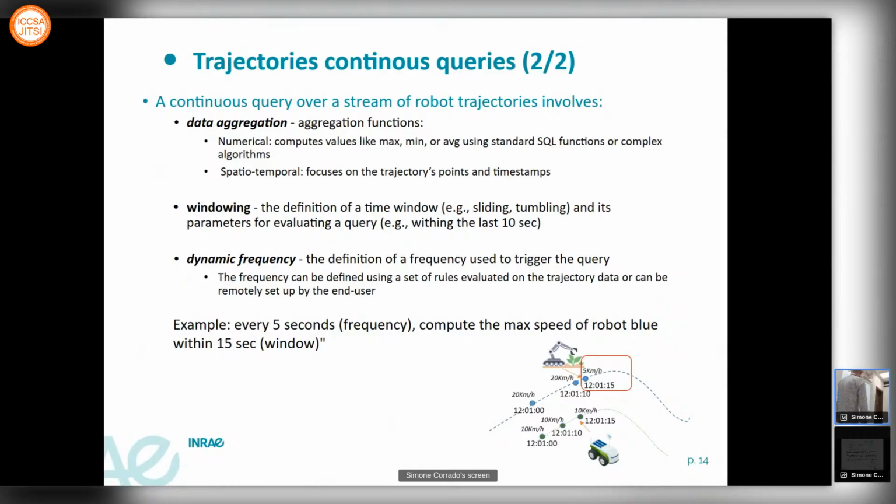And finally, what is new for a continuous query is the frequency, the time when the query is triggered. In that kind of system, like when you use your GPS with Google, you can see that when you arrive at the Carrefour in Croce, Google sends you more data.